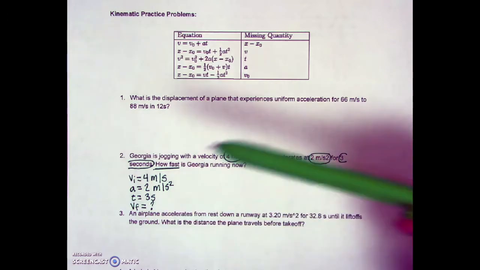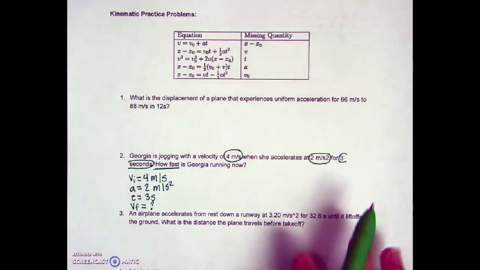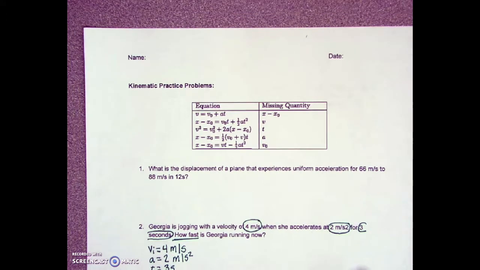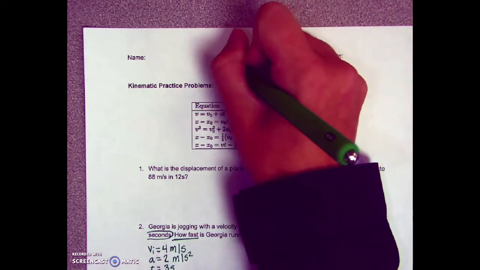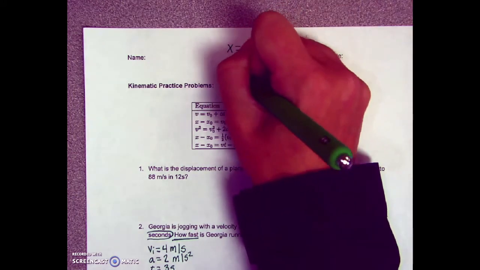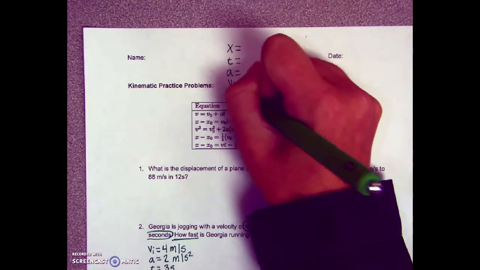One thing I always explain about kinematic practice problems is that there are always 5 possibilities you can have in a problem. This is just a little sidebar: it's possible to have displacement, time, acceleration, initial velocity, and final velocity.